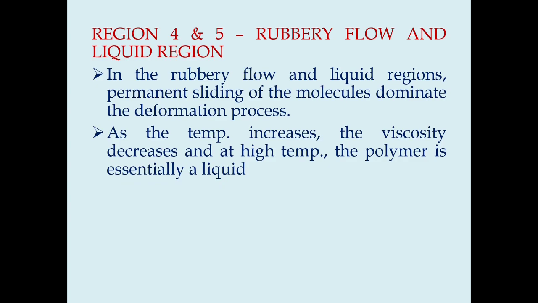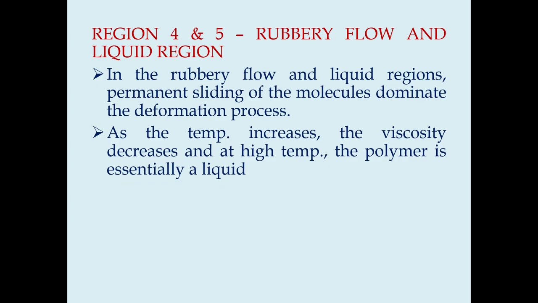So, the permanent sliding is possible here, and on further increase of the temperature, the viscosity also decreases, and at a high temperature the polymer is like a liquid. So, that viscous nature of the polymer also ceases with the increase in temperature, and the polymer now looks like a liquid.